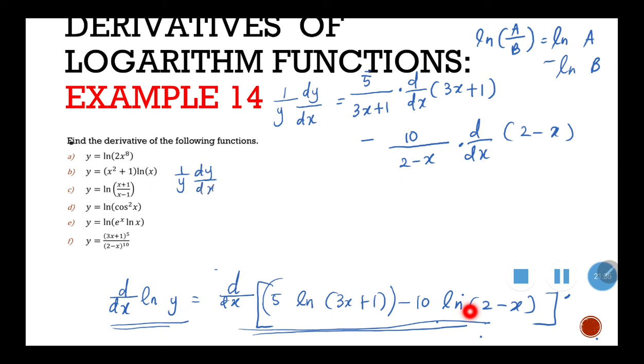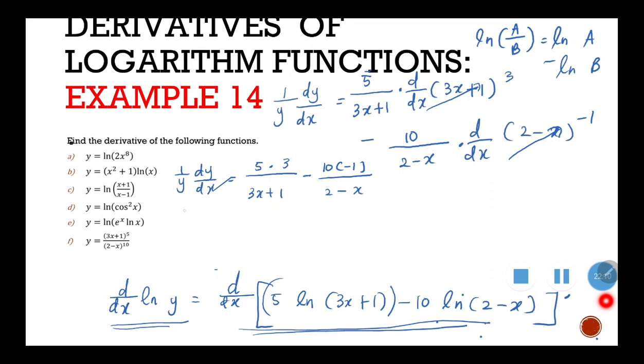And the d/dx of 3x plus 1, we will get what? Derive it with respect to x, you will get 3. And this one, you will get minus 1. So this should be 5 times 3 over 3x plus 1, minus 10 times minus 1 over 2 minus x.